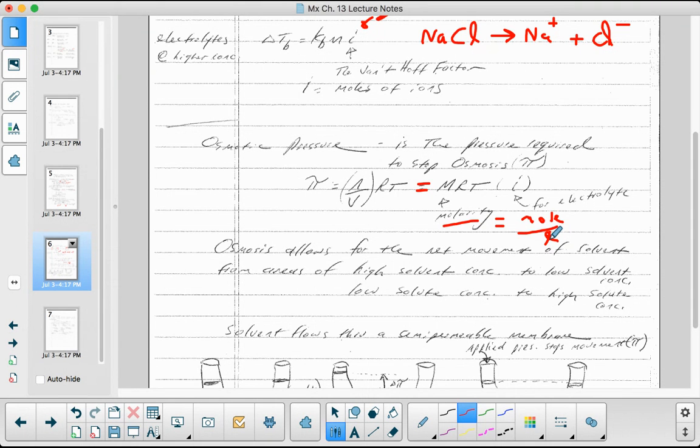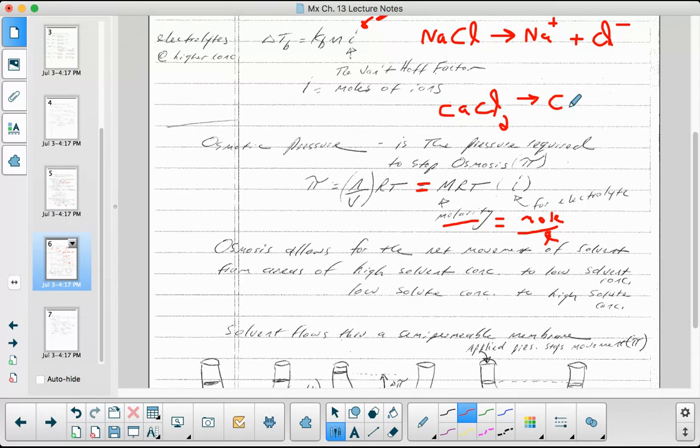Okay, so pi equals MRT. And again, if it's an electrolyte, you would include the Van 't Hoff factor, the I. If it's sugar, you wouldn't include that. If it's sodium chloride, it would be 2. If it were something like calcium chloride, I imagine you could figure out what that would be. So how would that break up in a solution of water?